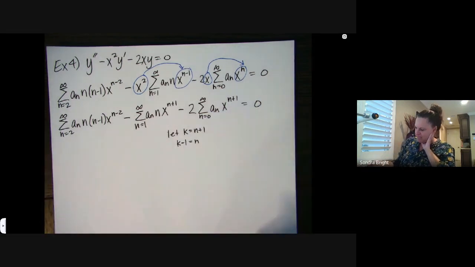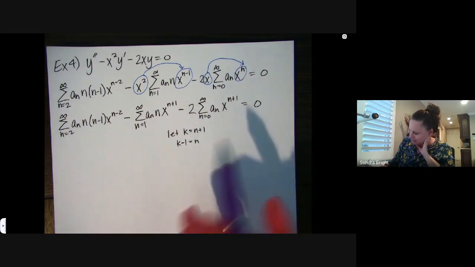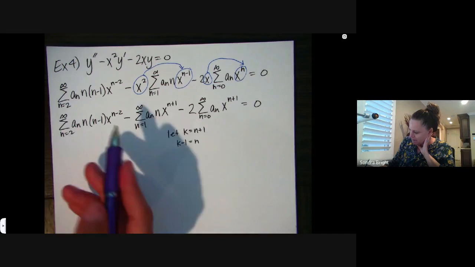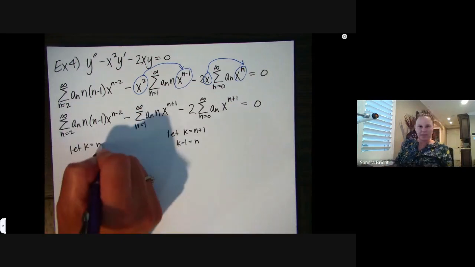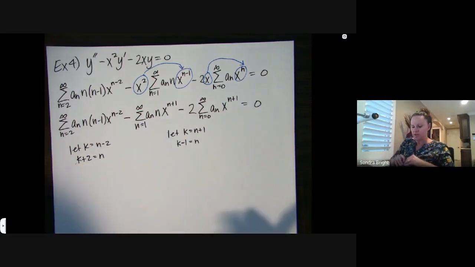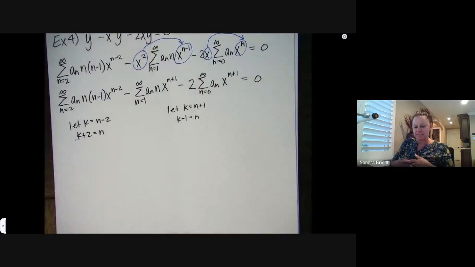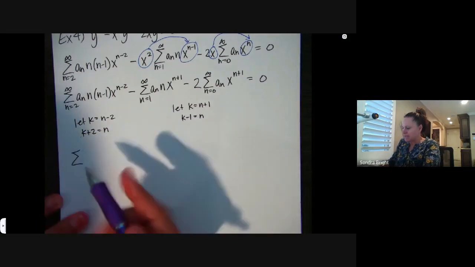And over here, I'm going to let k be n minus 2, so then k plus 2 will equal n. That's going to get all of my x's to be x to the powers of k, so they all match. When I replace this, n is k plus 2.